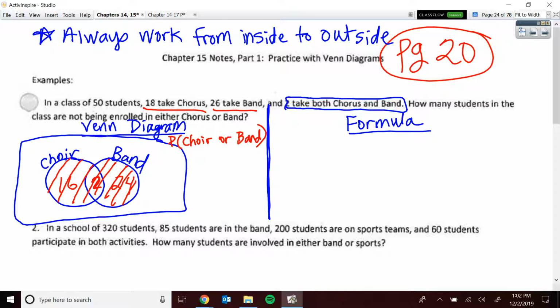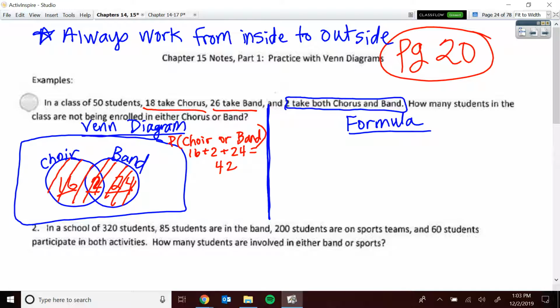So how many are in choir or band, based on the Venn diagram, not the formula yet? 42. How'd you come up with that? So we added 16 plus 2 plus 24, and because we had them all separated out, we get 42 are in choir or band.